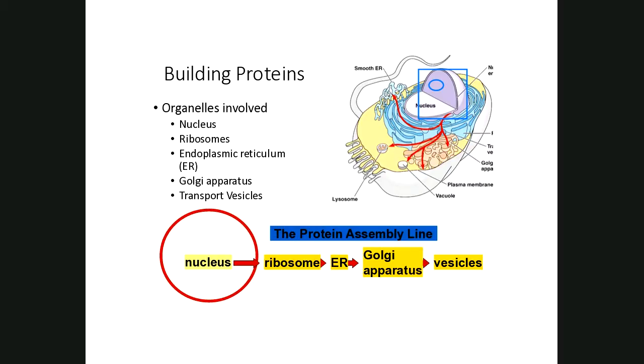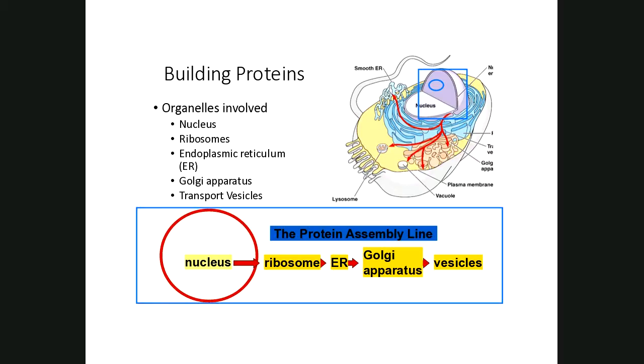I already gave you a hint on how to make proteins, but this is our protein assembly line right here. You might hear that in your future: how do you make a protein? This right here is your protein assembly line. You might want to remember this, and we'll talk about this as time marches forward.